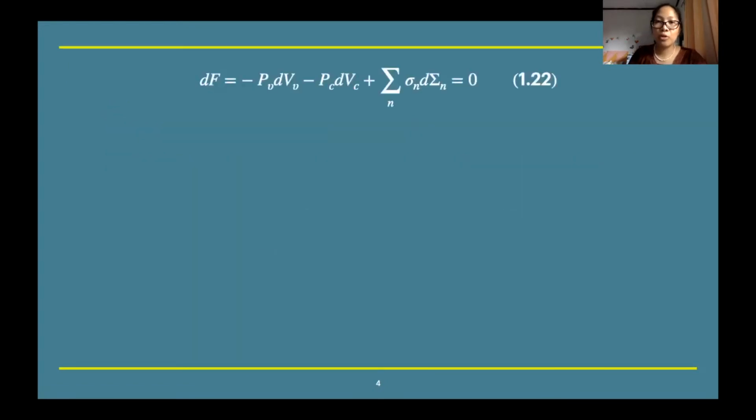From equation 1.21, which is the equilibrium condition, we have equation 1.22. The minimum of the Helmholtz free energy is equated to the sum of three terms, and again equal to 0. The terms have the volume part and also a surface part.